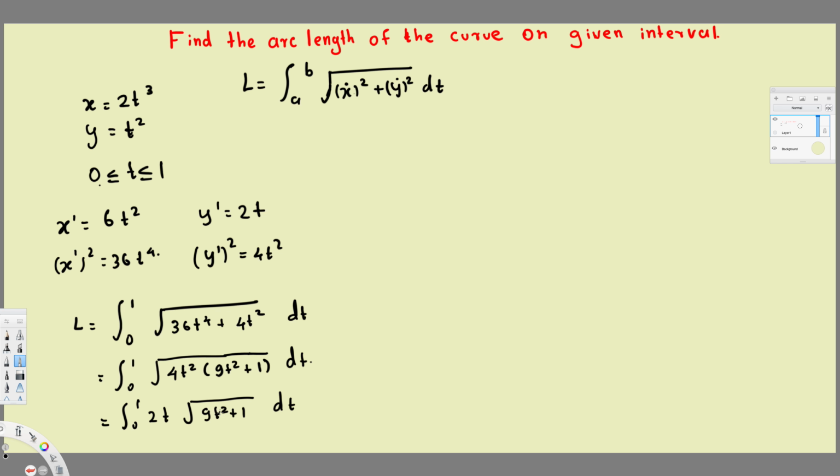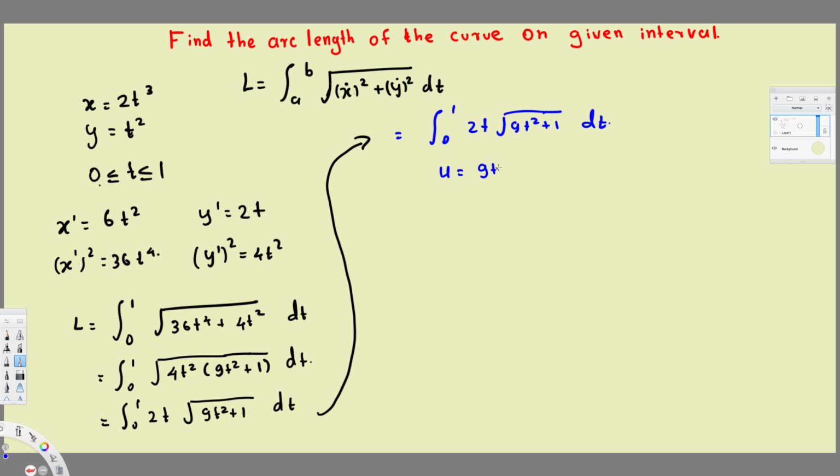If you notice, we have a t squared inside and t outside, so we have the derivative outside, and we can do the u substitution. So we have the integral from 0 to 1 of 2t times the square root of 9t squared plus 1 dt. If I pick 9t squared plus 1 as my u, my du is going to be 18t dt.